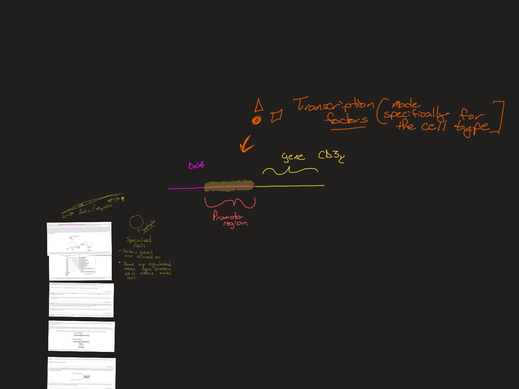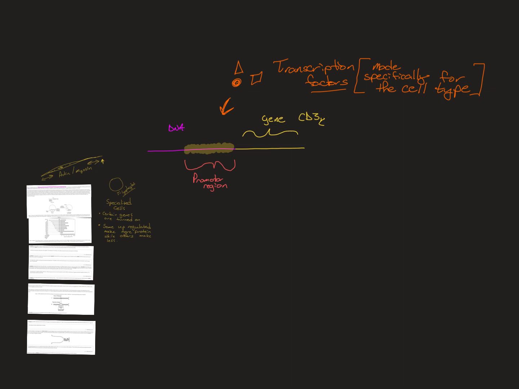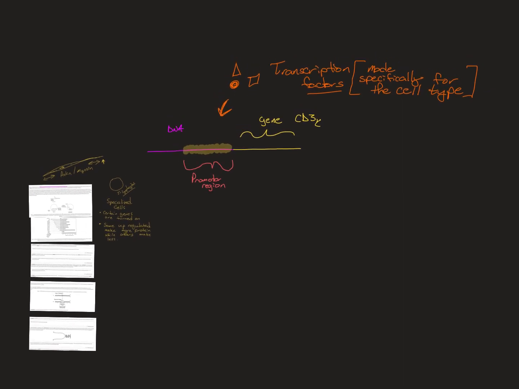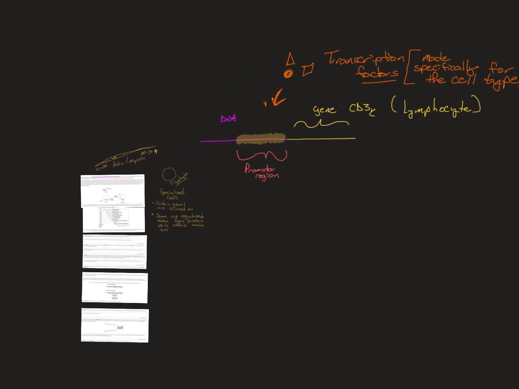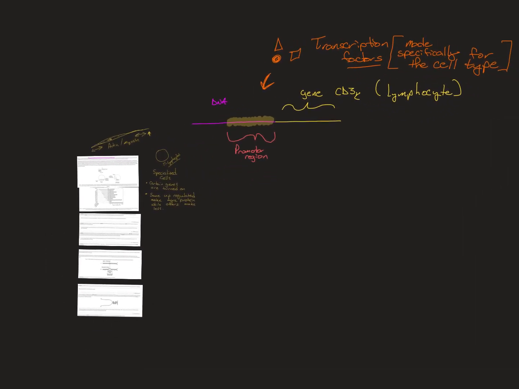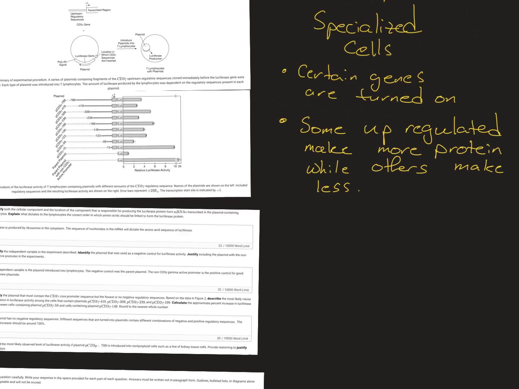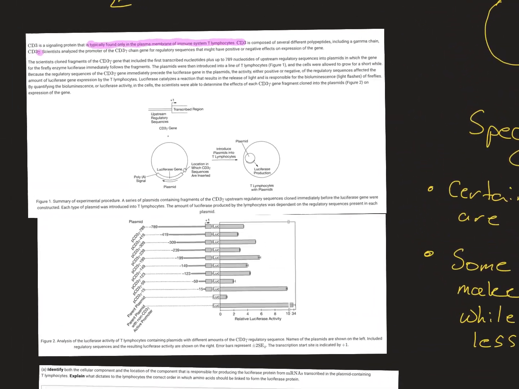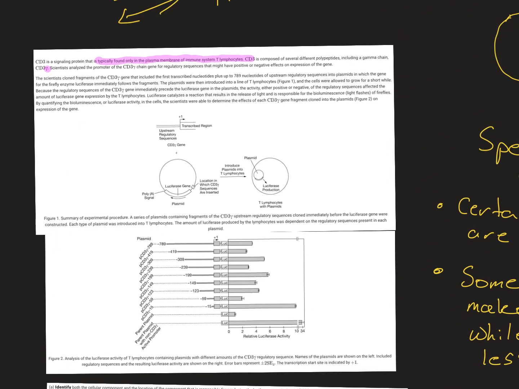So if you have a brain cell or a muscle cell, you would not expect there to be transcription factors for this gene if this gene is generally found in a lymphocyte. Because you'd expect this protein is specifically for a lymphocyte, or at least it's going to produce more of this protein in a lymphocyte than it would somewhere else.